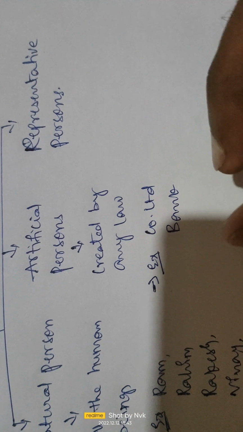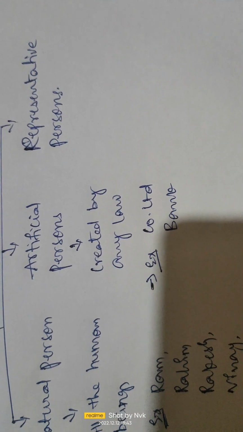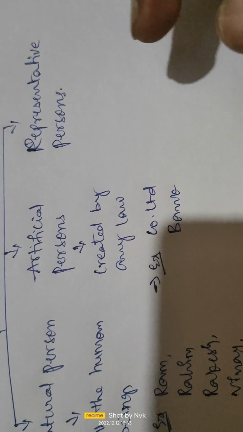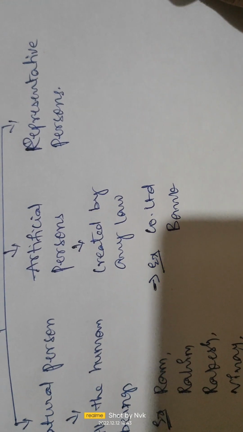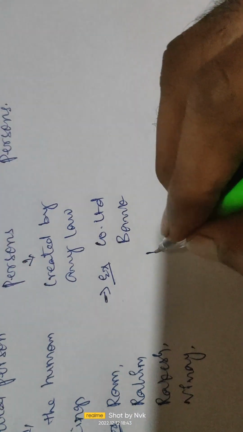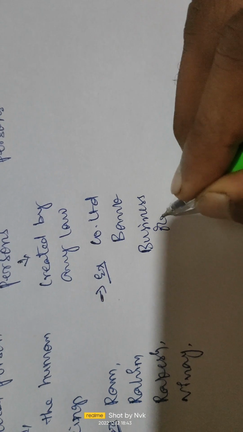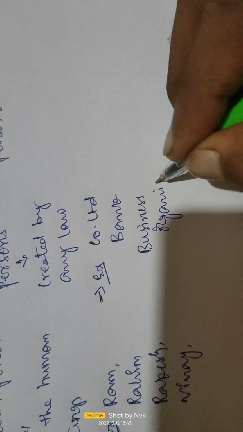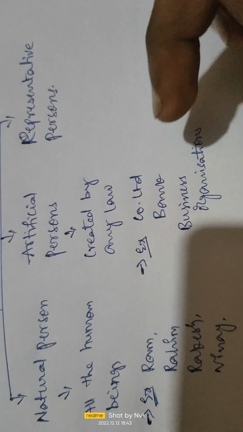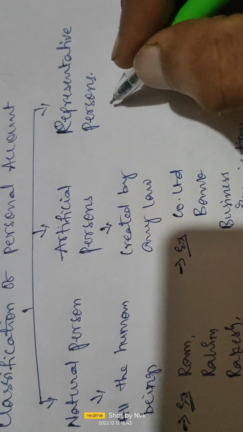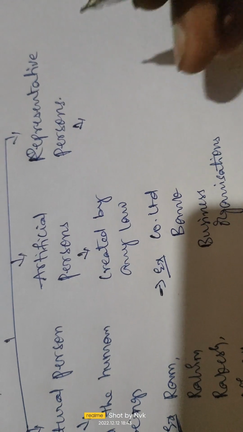Law here means some rules and regulations. With the help of predefined rules and regulations, we can obey those rules and form a company, a bank, or any other business organization. All these things form the artificial personal account.